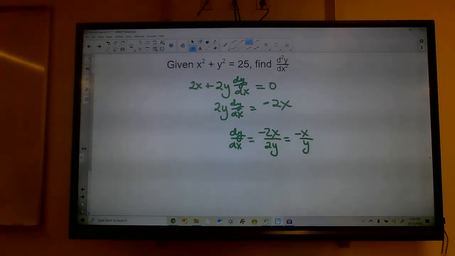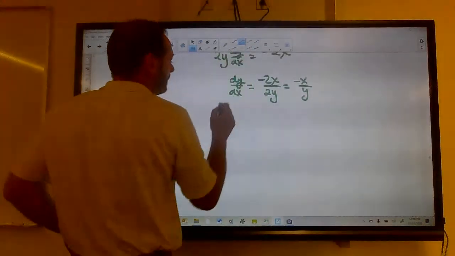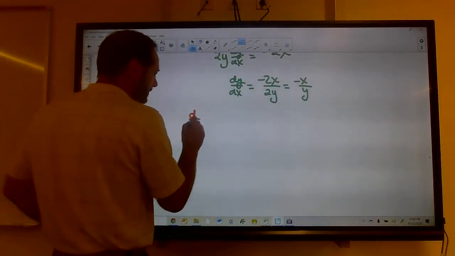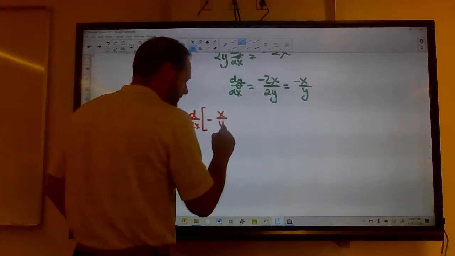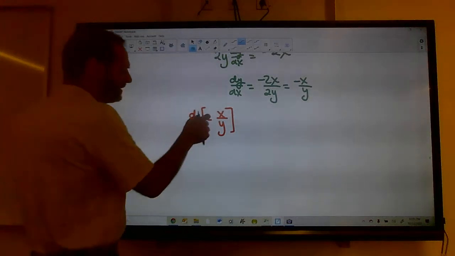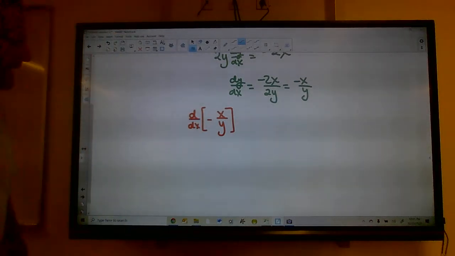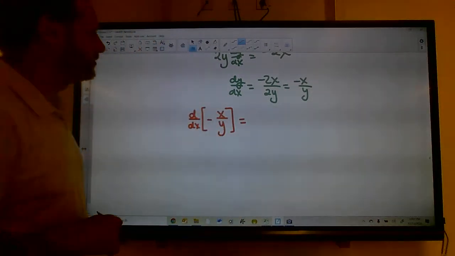Now we got to take the second derivative. So we're going to take the derivative of negative x over y. So we can kind of think of the negative 1, we'll just kind of factor that out. And we'll use the quotient rule.